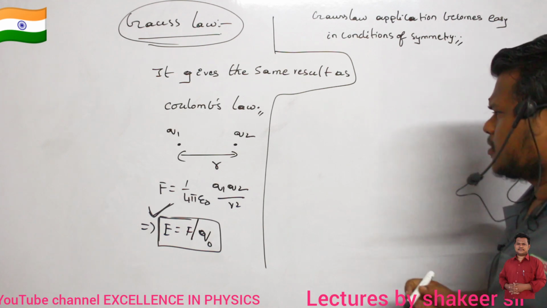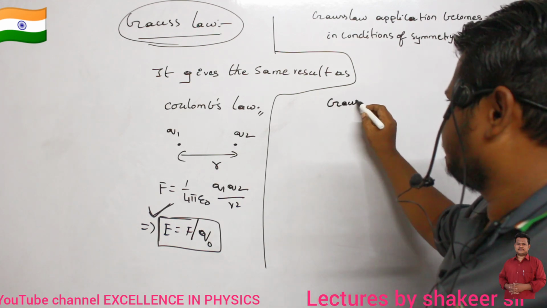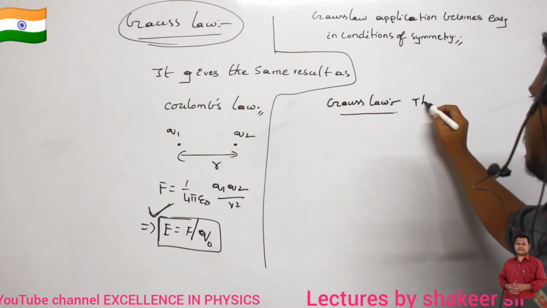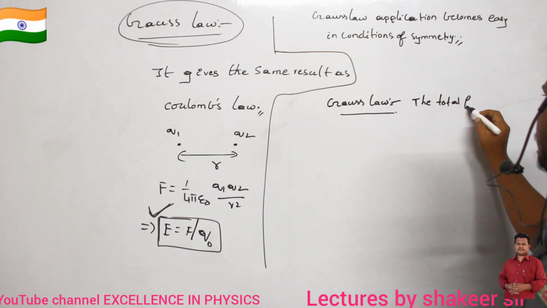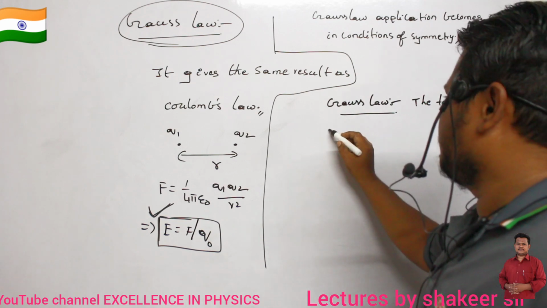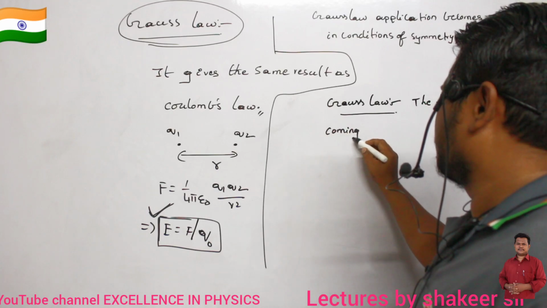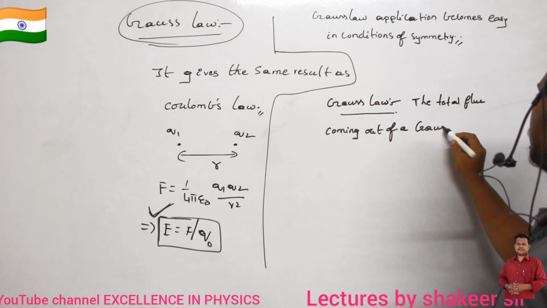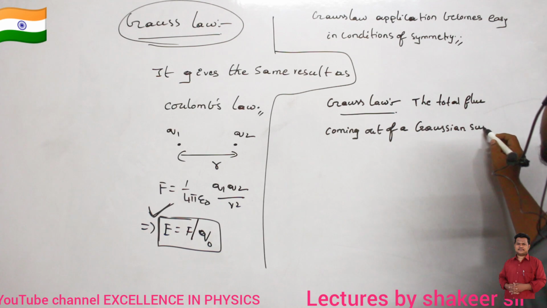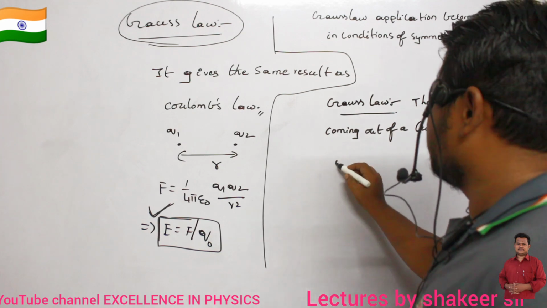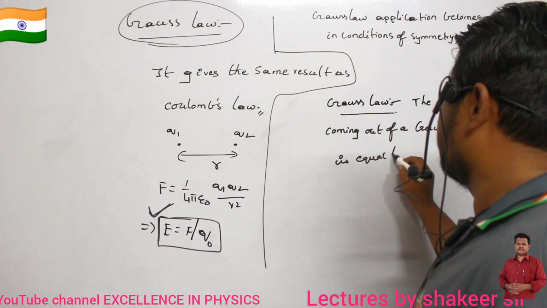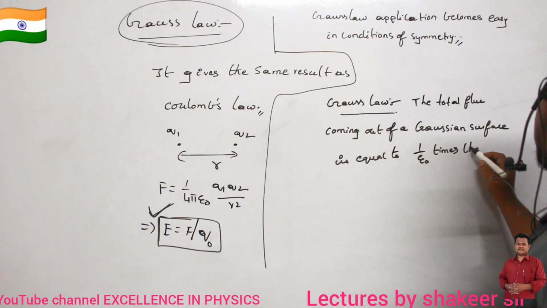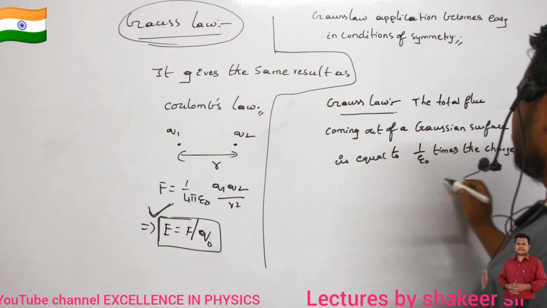So now let us write the statement of Gauss law. Gauss law says that the total flux coming out of a Gaussian surface is equal to 1 by epsilon naught times the charge enclosed by it.